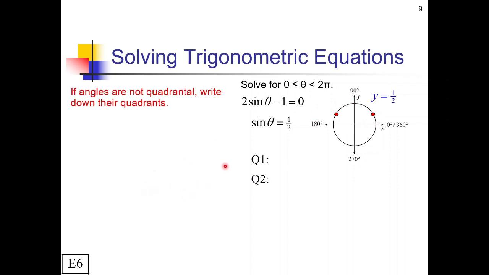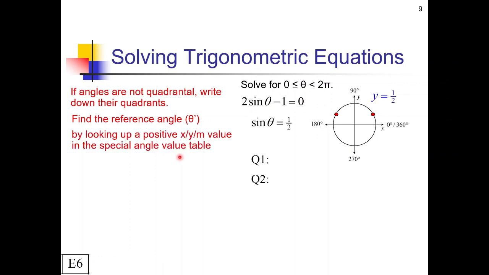So how can we figure out exactly which angle it is? The next thing we're going to do is figure out the reference angle. So we'll find our reference angle, which I'm going to call theta prime, in keeping with how we've been noting it in this chapter. And I can find the reference angle by looking up a positive x, y, or m value in my special angle value table.